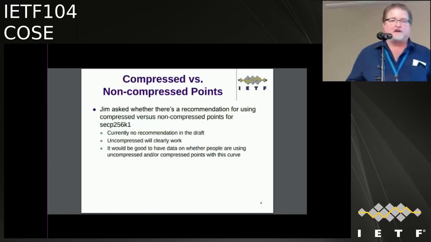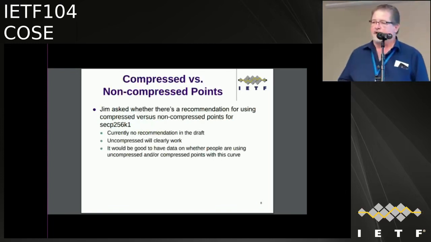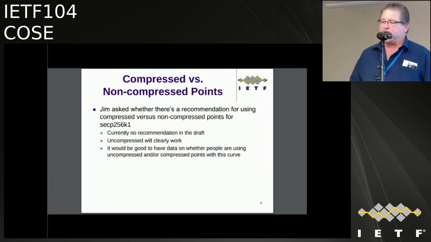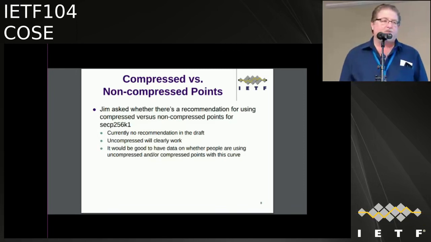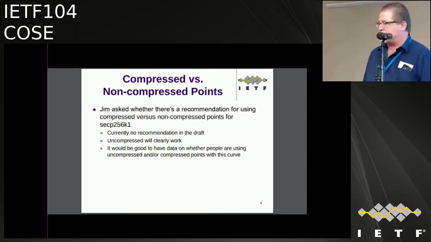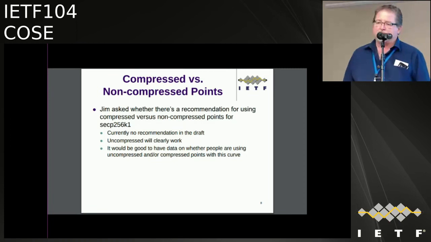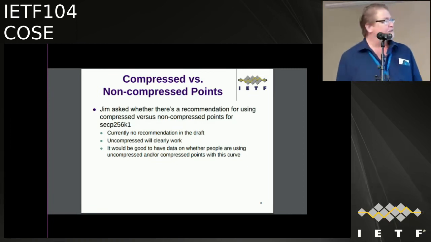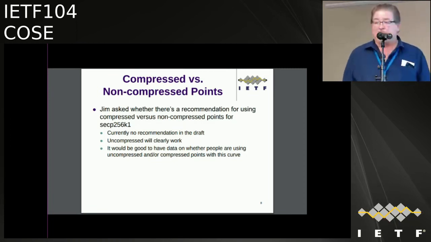Jim asked the question, do we have a recommendation for the SEC P256K1 whether to use uncompressed or compressed point representations, or whether indeed both are perfectly acceptable? Obviously, uncompressed will work.